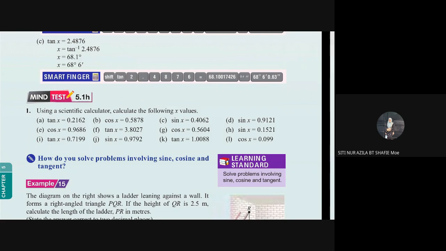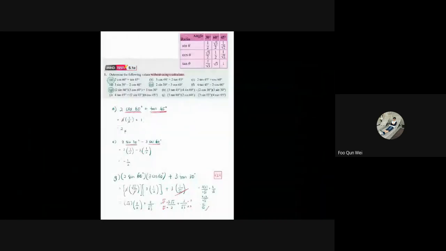I mean our homework today, because last week I was confused, because we started with 5.1D, number one, two, three, four, and five, right? But this week suddenly jumped into 5.1H without doing 5.1E or F, so I was confused.